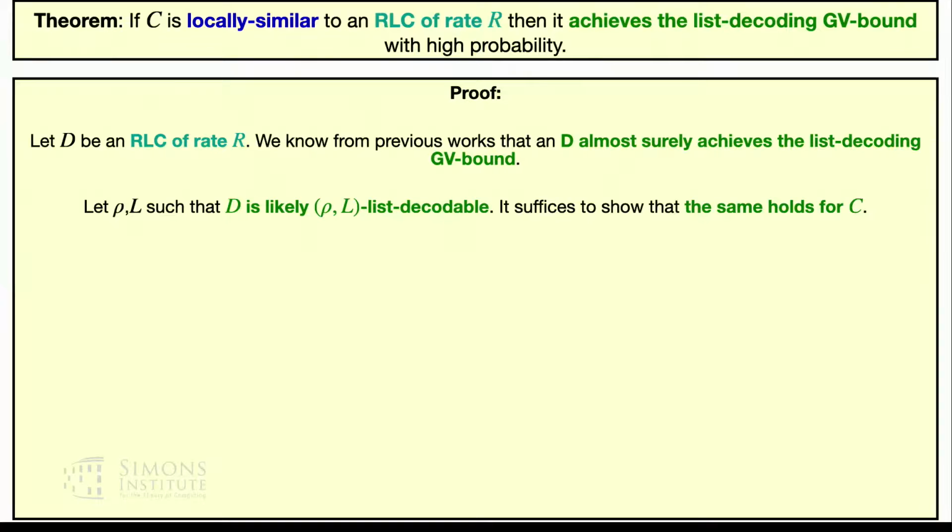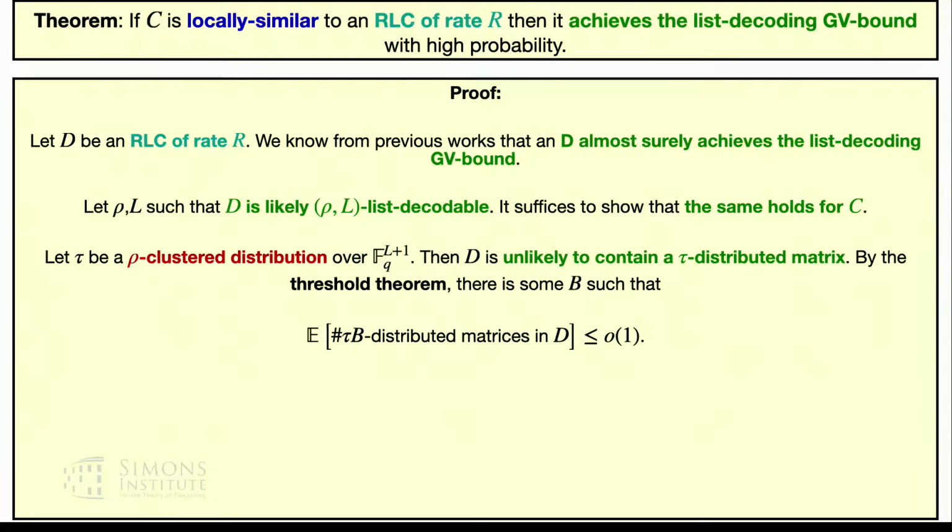And we know from previous works that D, with high probability, achieves the list decoding GV bound. Okay, so take some rho and L, and we want to show that for every rho and L for which D is list decodable, our code C, the locally similar code, is also going to be list decodable with these parameters. Okay. So let tau be some witness distribution. Okay, so tau is going to be a row cluster distribution.